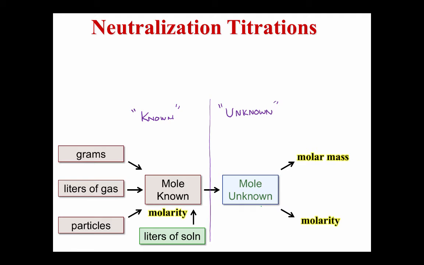To understand the strategy for finding these values, we should review what molar mass and molarity actually mean. Molar mass is a measurement of the grams per mole of a substance, while molarity is moles per liter. Let's do an example with one of these calculations.